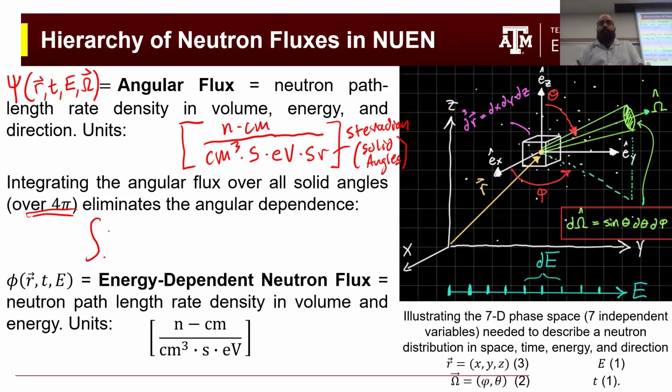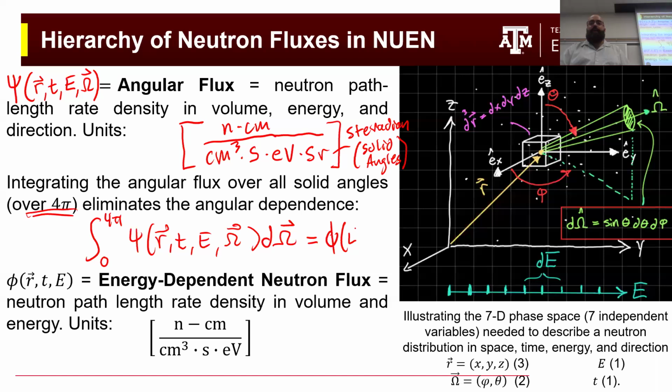So if I integrate that angular flux, which is a function of position, time, energy, and direction, with respect to direction, I'm taking that quantity and integrating it over all directions. That removes the angular dependence and gives me something called the energy dependent scalar flux. So it's going to be a function of position, time, and energy. The angular part is eliminated when I integrate over all directions.